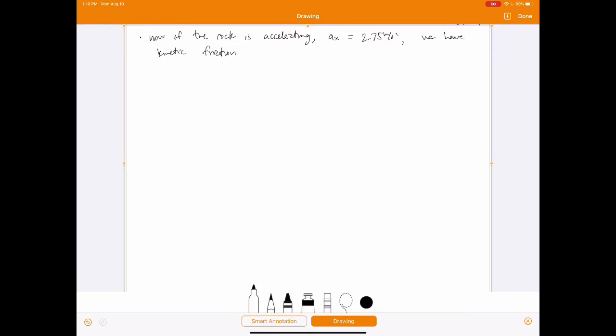So let's remind ourselves how kinetic friction works. It's a little bit simpler because it's not an inequality, it's just an equation. Fk is equal to mu k times N. And mu k is something we'll plug in later. And N is equal to mg plus P sine theta. That's what we worked out earlier. Okay?